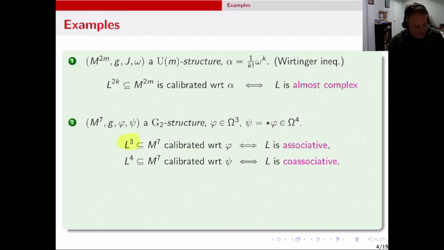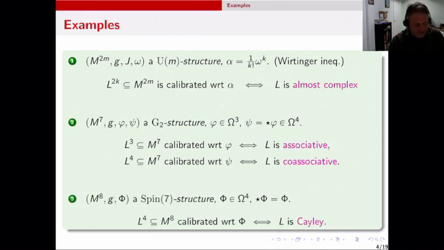If I have a 3-dimensional oriented submanifold calibrated with respect to phi, these are the so-called associative submanifolds of M. And the 4-dimensional oriented submanifolds which are calibrated with respect to psi are the so-called co-associative submanifolds of M. If you know what those are, that's great, but you won't need to understand exactly what these look like in order to follow the rest of the talk.